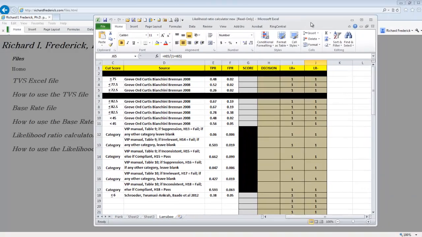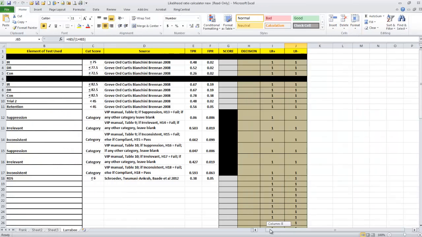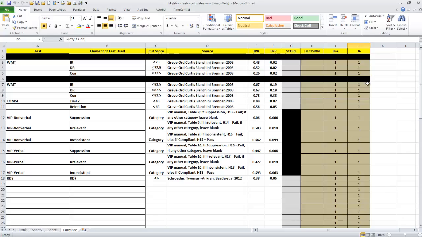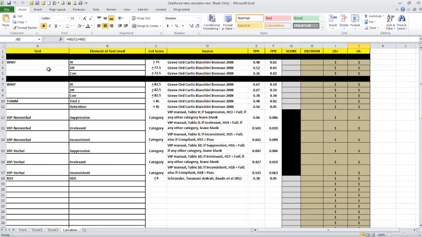Okay, here it is. There's a lot to look at in here, and this is not the file that I use for myself, but I did put in some information to help orient you for what this file can do for you. I have some tests over here on the left, and then I have some cut scores.